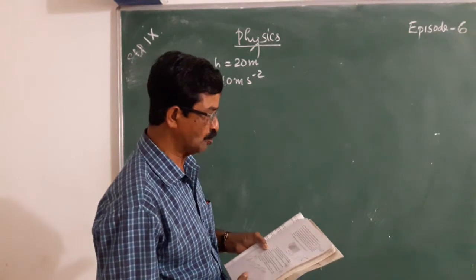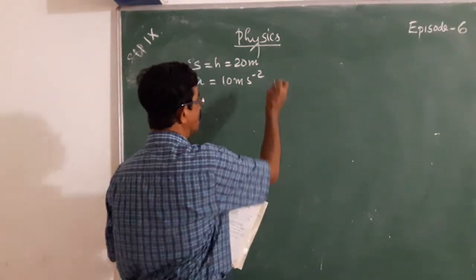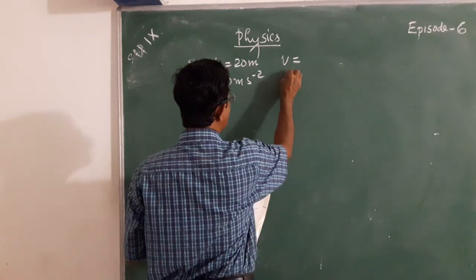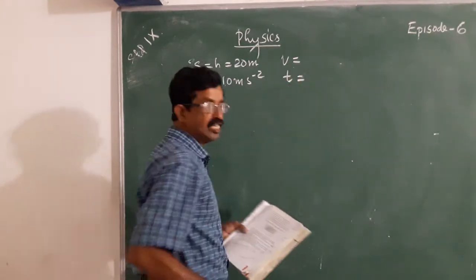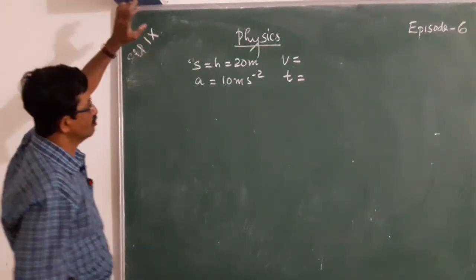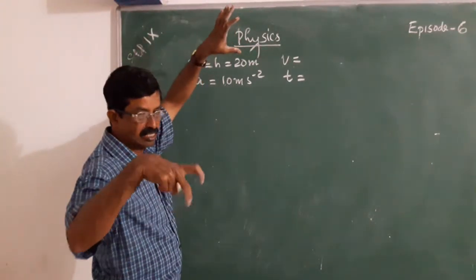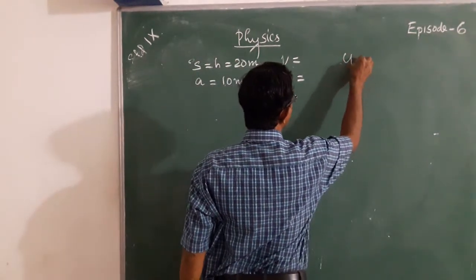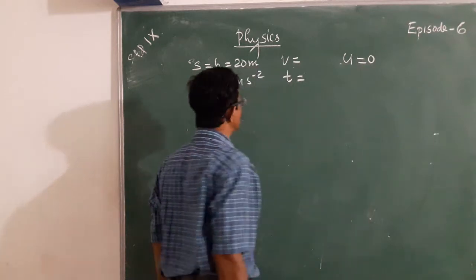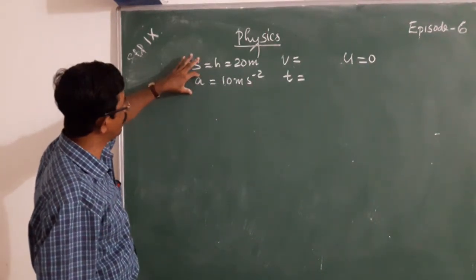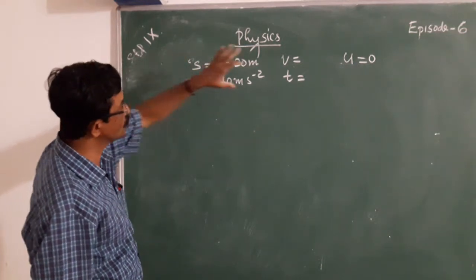See, two things we want to find out: the velocity with which it strikes the ground, and the time taken to reach the ground. Here, given the body is dropped from rest, so its initial velocity u is equal to 0. We know S, and a we can take as 10.